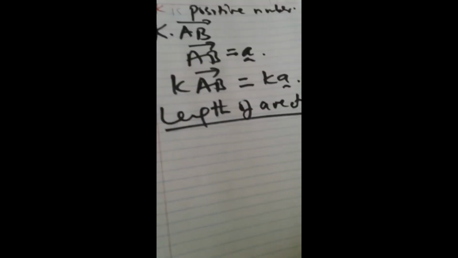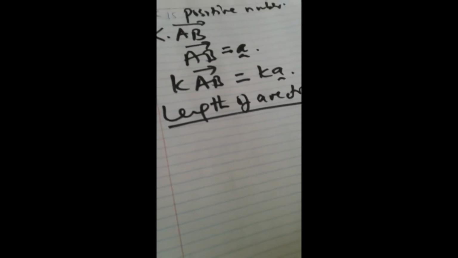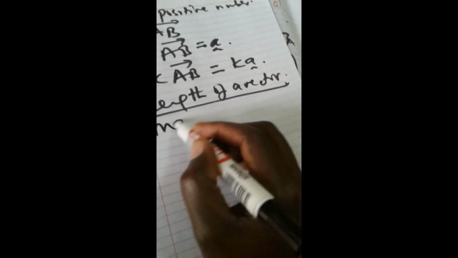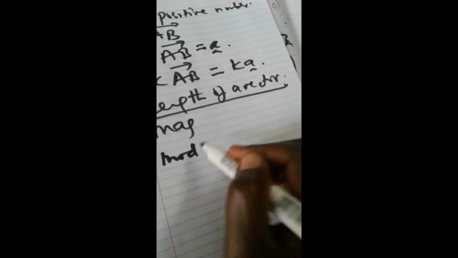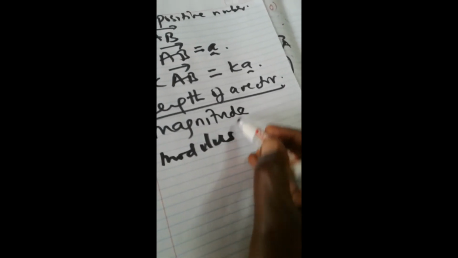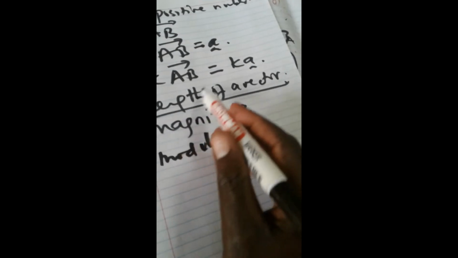Now, we say that a vector is represented by direction and magnitude or length. So we can talk of length, magnitude, modulus. All these mean the same thing. You can be asked for length, magnitude, modulus or distance of a vector.